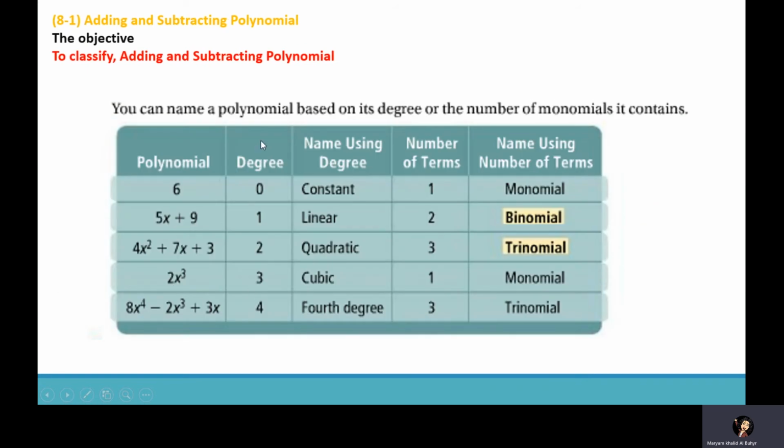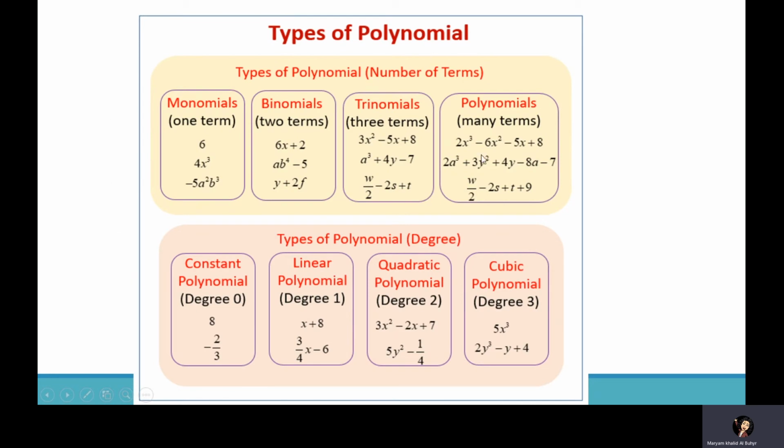So I showed you in this table, which is a summary, how you can classify the polynomial according to the number of terms and according to the degree. I also showed you this table, which is more organized and more clear, and will help you classify the polynomial according to the number of terms, and here according to the degree of the polynomial.